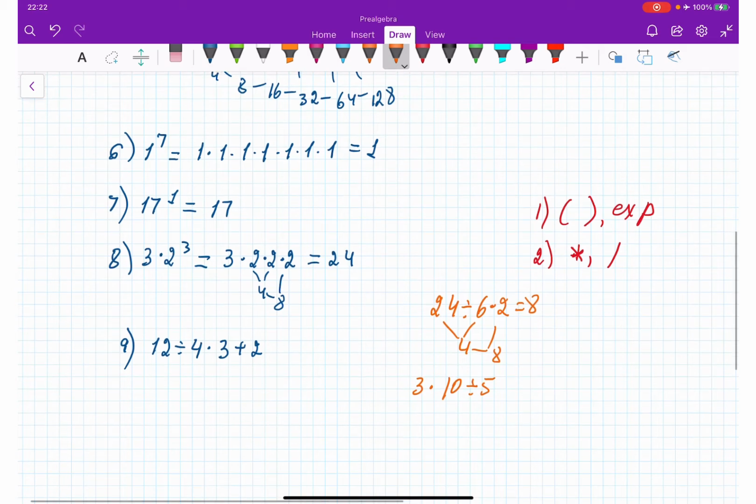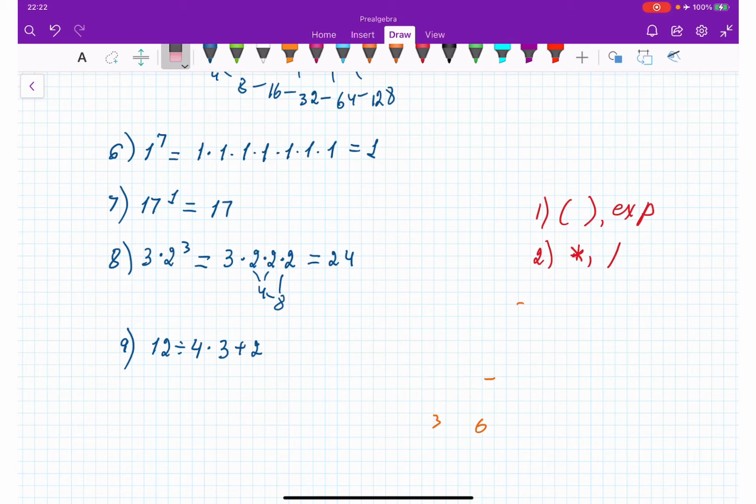So 3 times 10 is 30, and then divide by 5, it's going to be 6. So between multiplication and division, there is no competition, whichever come first. Okay.